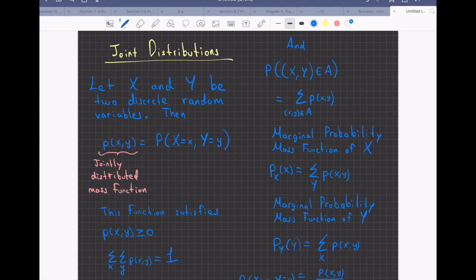And the same happens when we have the probability that X is equal to x given that Y is equal to y. It is the joint distribution over the marginal probability of y.